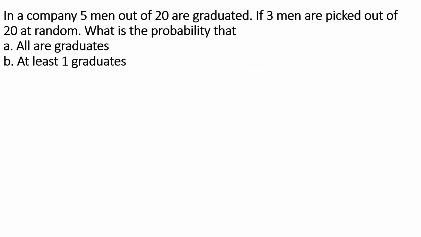In a company, 5 men out of 20 are graduates. If 3 men are picked out of 20 at random, what is the probability that all are graduates, and that at least one is a graduate? In order to find the sample space, out of 20 we have to pick 3 people.